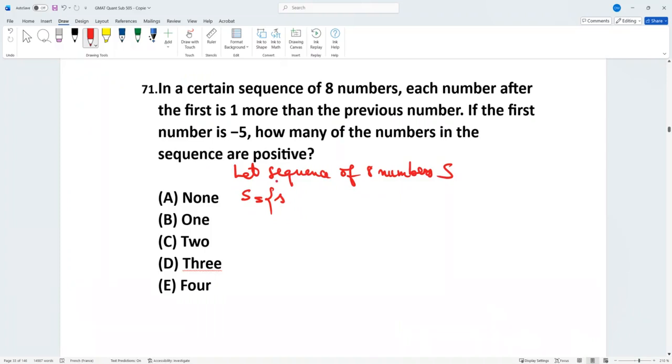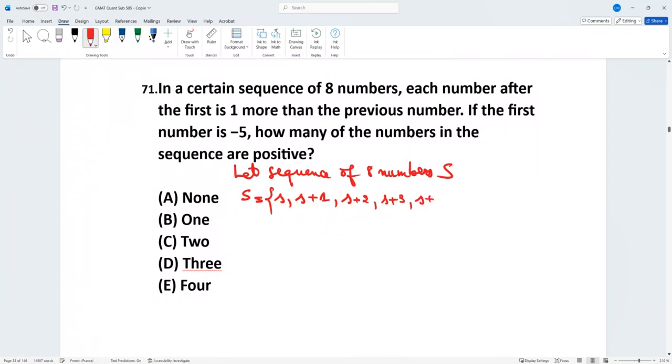So S is like the first number in our sequence. So the next is going to be S plus 1, and then S plus 2, S plus 3. So we need to have 8 numbers in the sequence. So here we have 1, 2, 3, 4. We need to add 4 more.